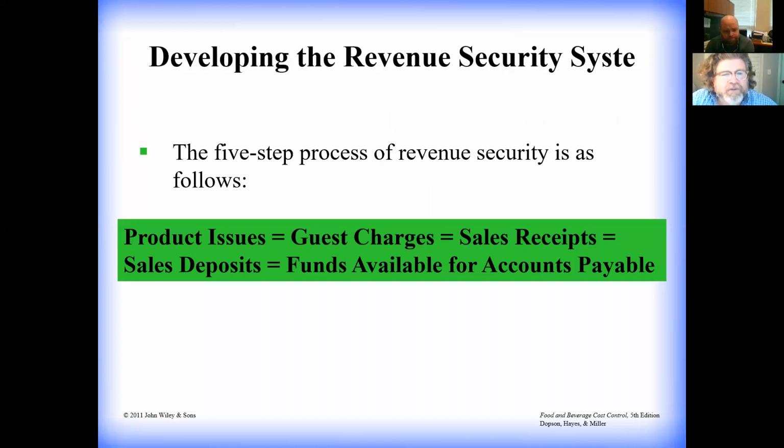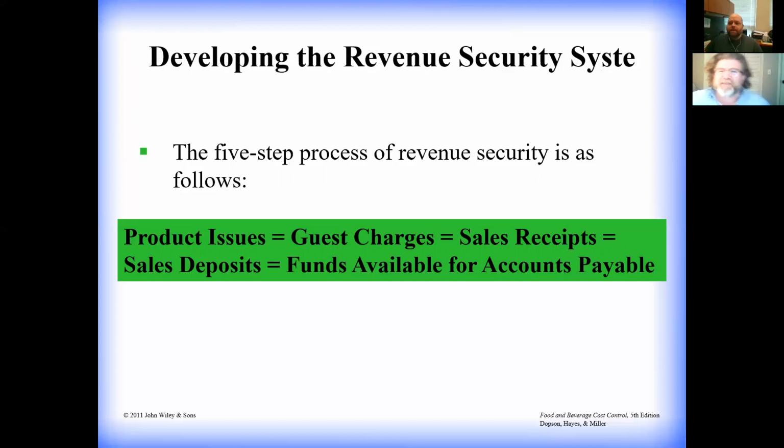So here's the rule that I just went over. Like Dr. Mosley said, make sure that your credits and debits match up.